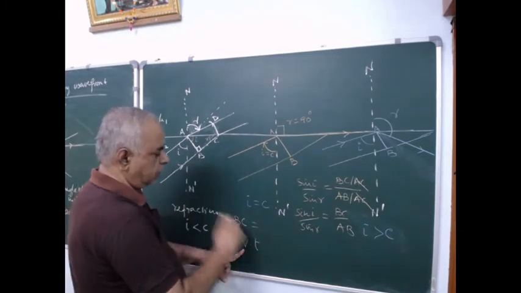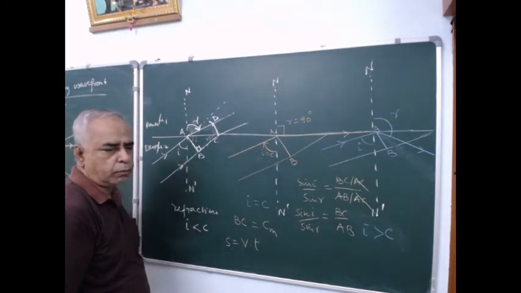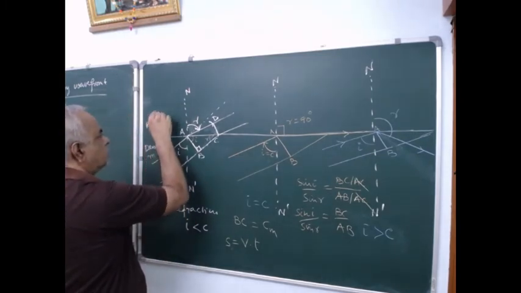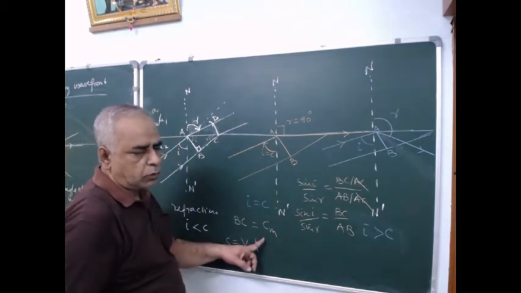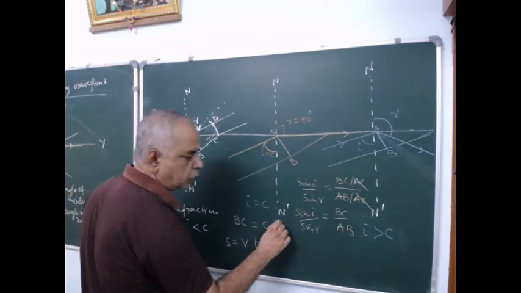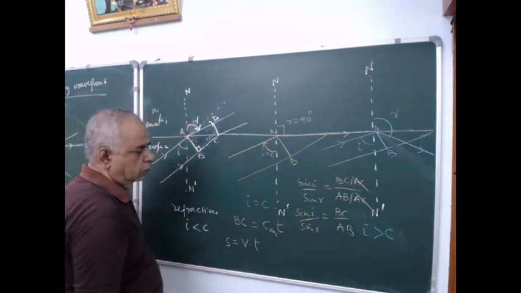So this is the denser medium, let me call it M, and this is the rarer medium, let it be A. So BC is equal to Cm, the velocity of light in the denser medium, into time t.